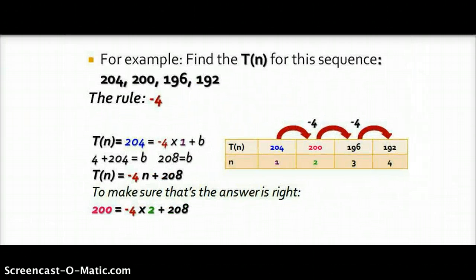And here is another example, to make sure that you get it, and to show you that we can make sure of our answers. When we get the nth term, we calculate the second term with it, and check if it's correct.